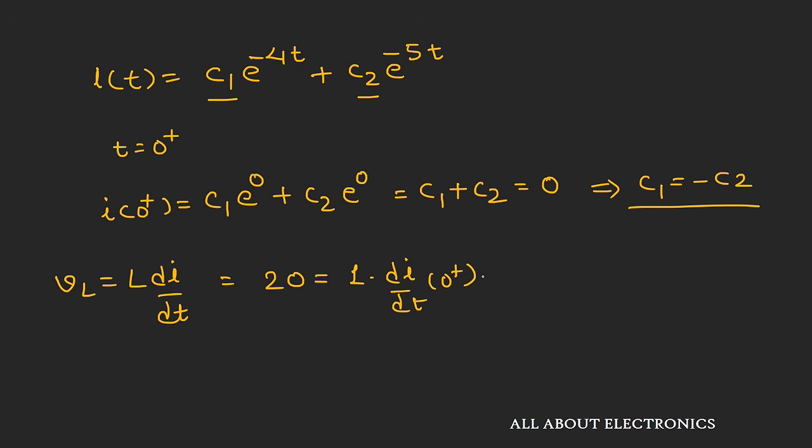So first of all, to get di by dt at 0 plus, let's differentiate this equation. If you differentiate it, then we will get di by dt at 0 plus equal to minus 4C1 into e to the power minus 0 plus minus 5C2 into e to the power 0. So we will get minus 4C1 minus 5C2 is equal to 20, where 20 is nothing but the value of this di by dt at 0 plus.